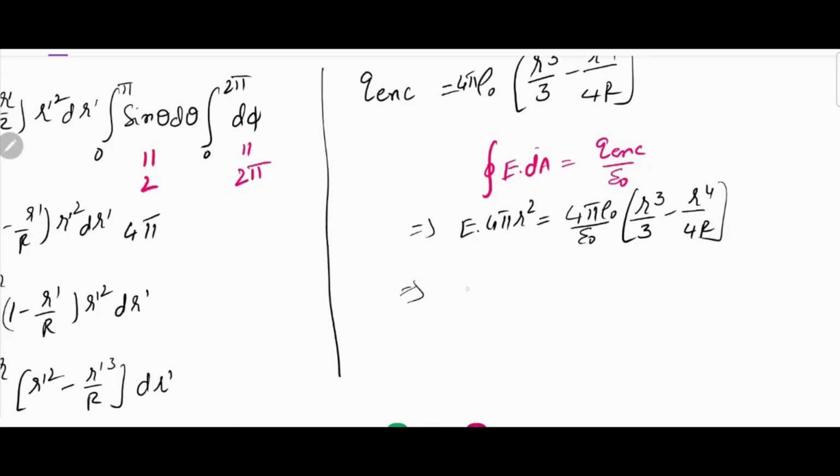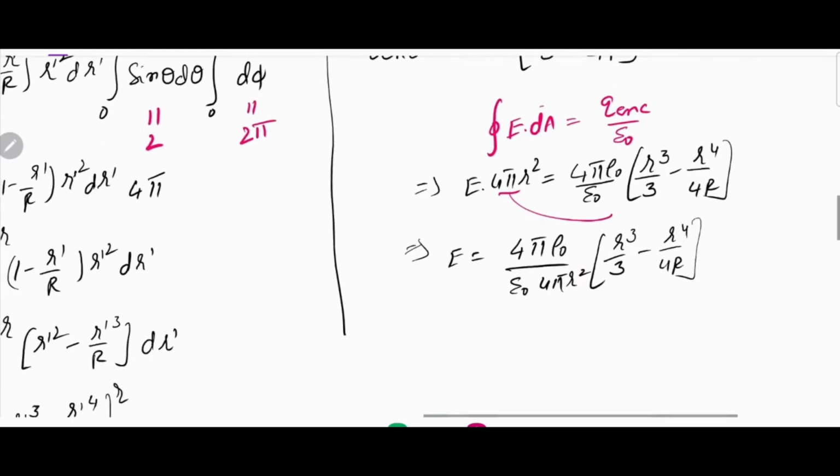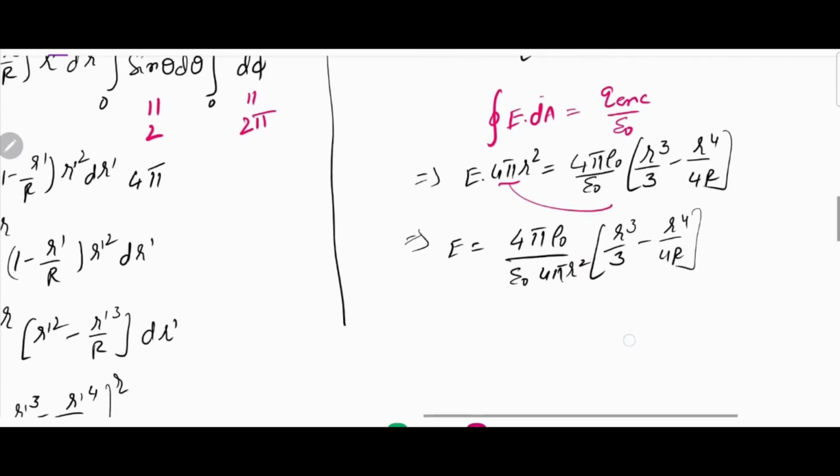So now we'll take this value to the other side. So then E is equal to 4 pi rho naught by epsilon naught 4 pi small r square, times small r cube by 3 minus small r power 4 by 4 into capital R. Okay, now we can cancel some items.